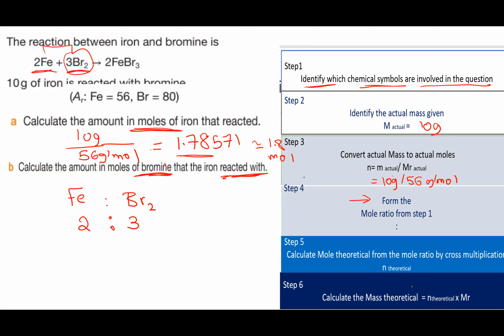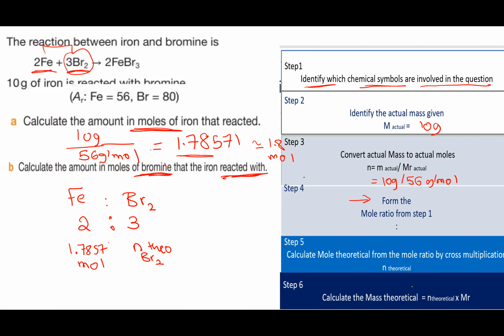And I need to make a mole ratio between them in order to find how many moles of bromine were made. I'm going to use the value of iron that we have, 1.7857 moles, and I'm going to find n of Br2, which is going to be a theoretical value because I've calculated this value. Any value that you calculate is going to be a theoretical value.